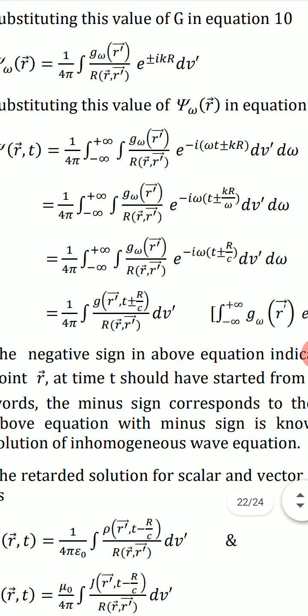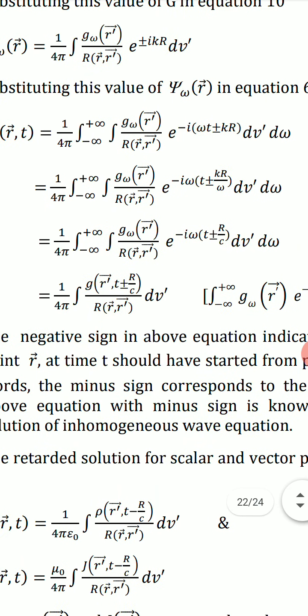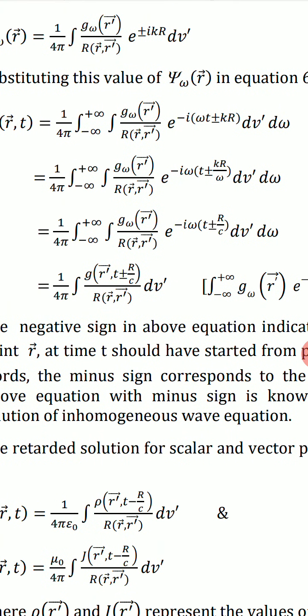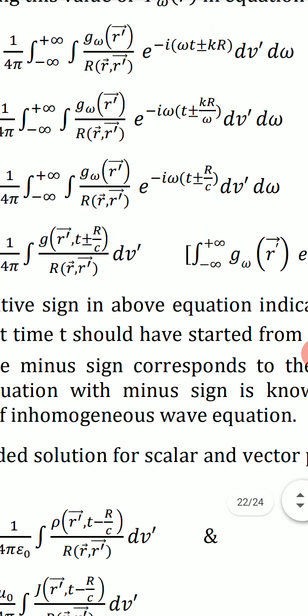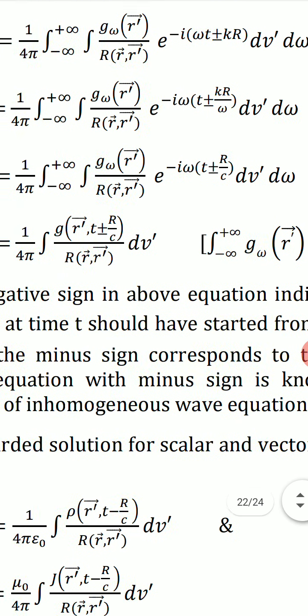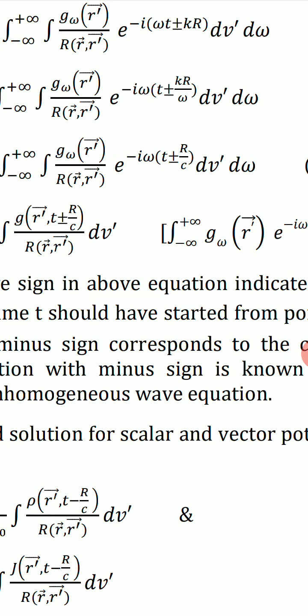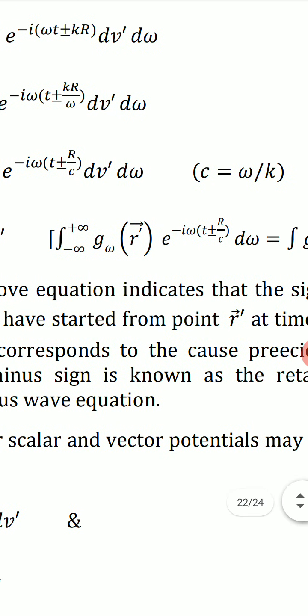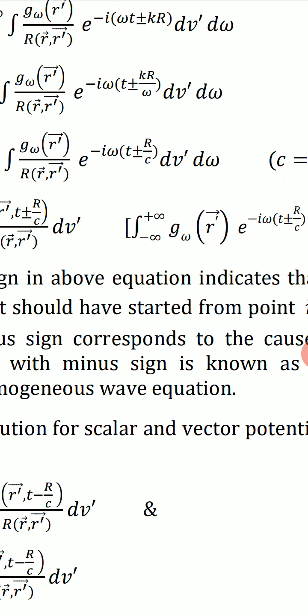Next, in the next step, we take omega common in this exponential e to the power minus I. Omega is taken common, then inside the bracket we have t plus minus kr upon omega, and in the next step we write c for omega upon k. Omega upon k is equal to c, speed of light.